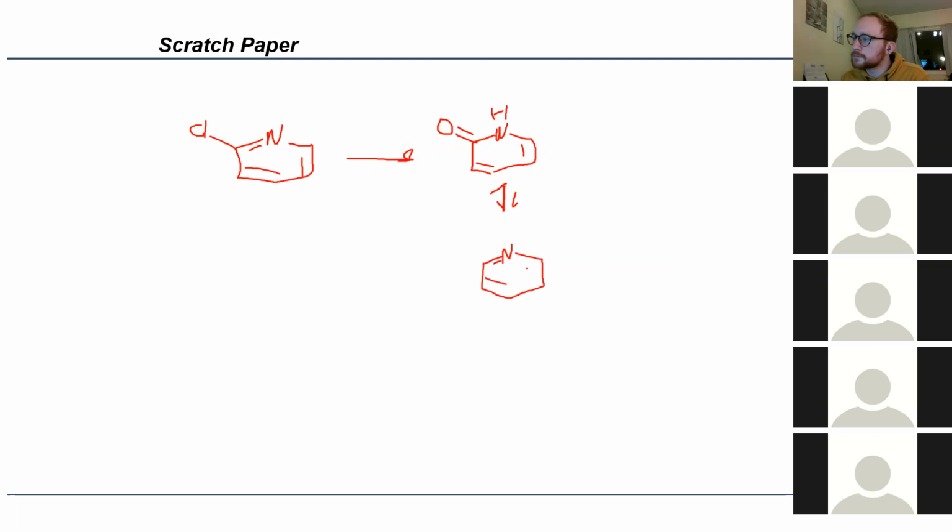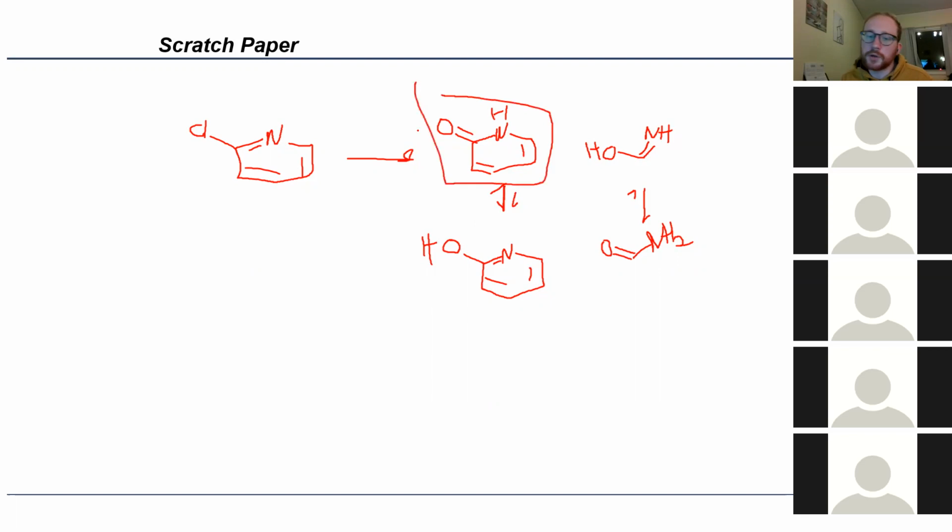So remember, for example, that amides can tautomerize just like ketones or aldehydes in structures that look like this. And so the key recognition here in this problem was that this tautomer, this hydroxypyridine, will actually sit as the pyridone.